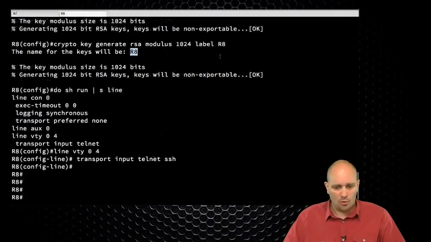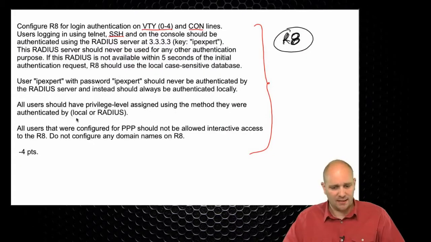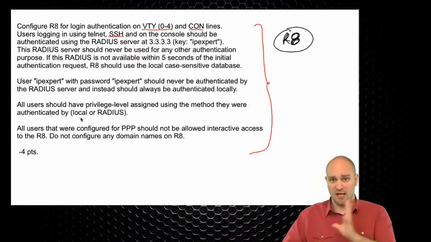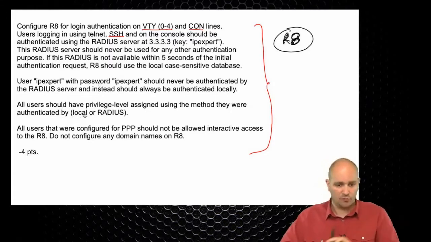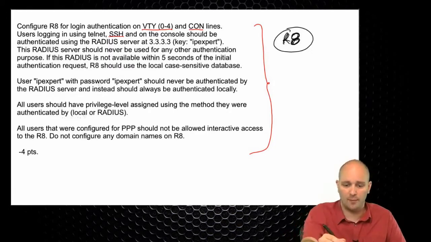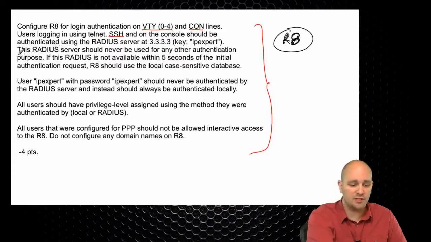So now we have done basically the telnet and SSH, we can access there, and now we have to look at these more advanced configurations. The thing to worry about here is this part of the requirement that says that the radius that we are using for this task should never be used for any other authentication purpose.